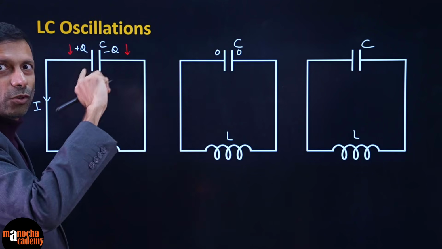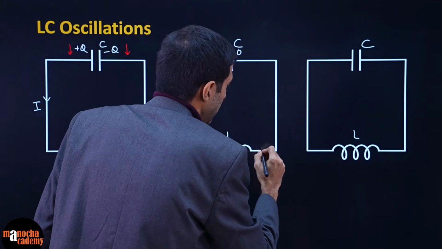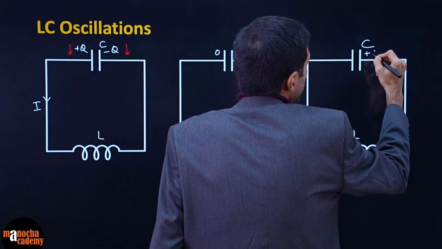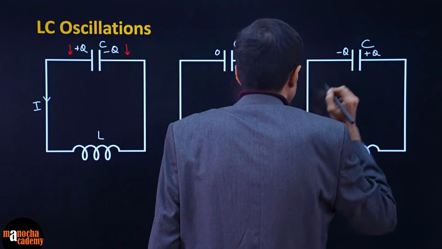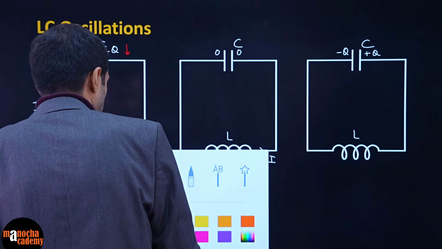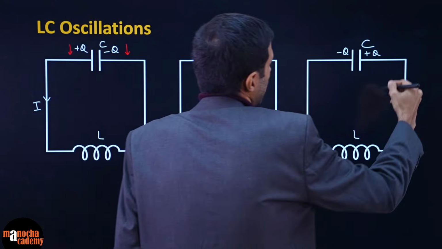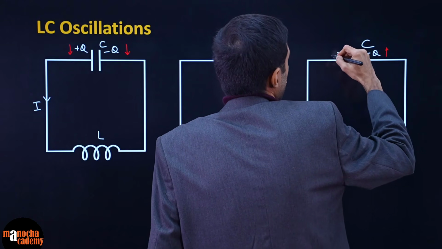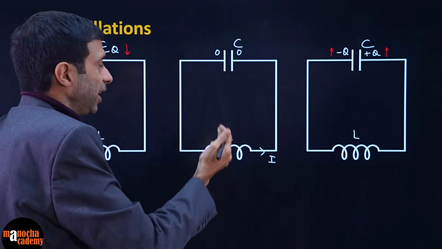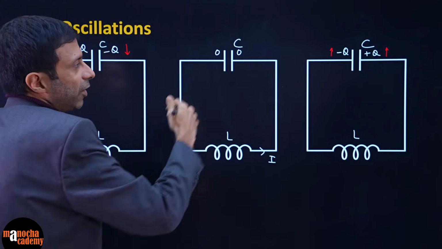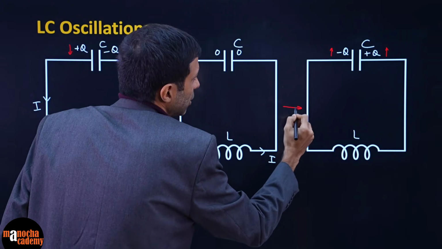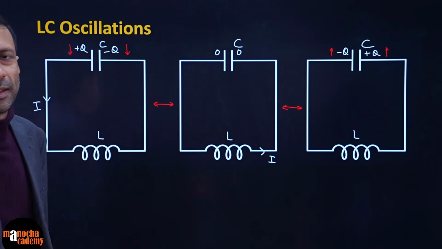Remember, inductor would run the current, right? So inductor will be running the current and then charge the capacitor in the opposite direction, plus Q and minus Q. And then once again the charge will increase, and again the same thing will continue. Then again it will get discharged and decrease. So these oscillations will continue.